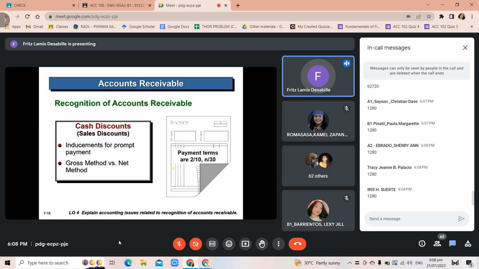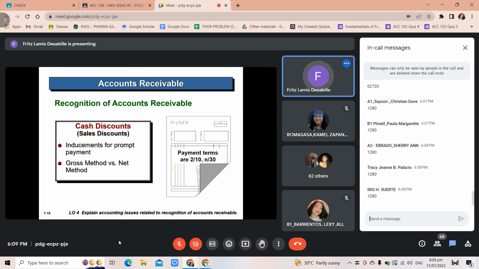So to continue, recognition of accounts receivable, guys: cash discounts or sales discount. These are granted for prompt payments. Another term for this is sales discount or prompt payment discount.